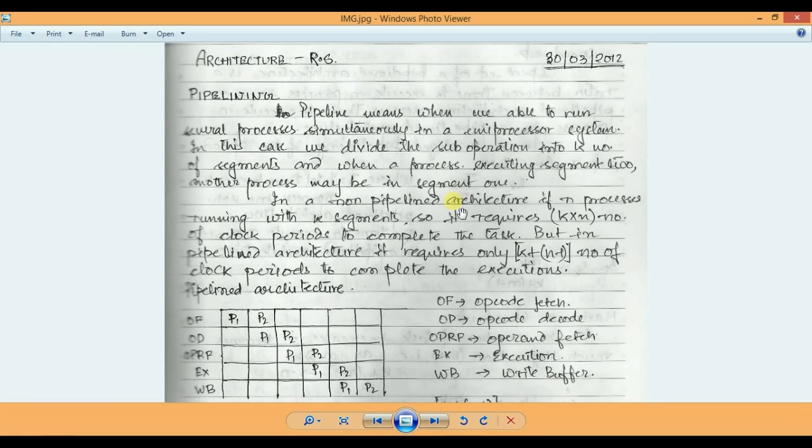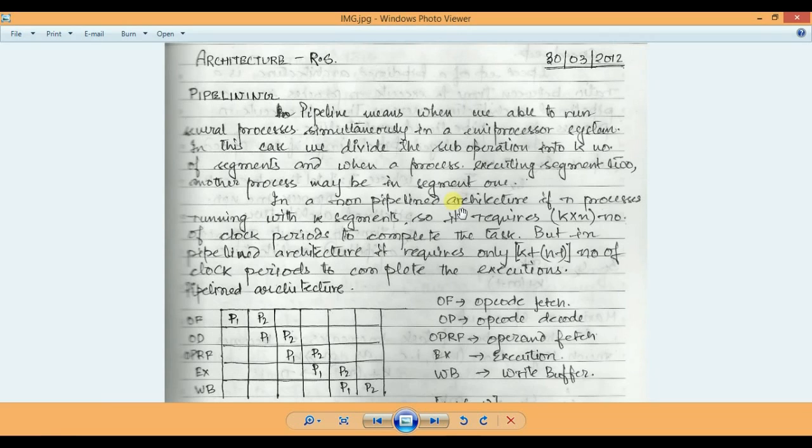What happens in pipelining is, while one process is getting executed, at times the process has to wait for some time. While it is waiting, another process can begin.